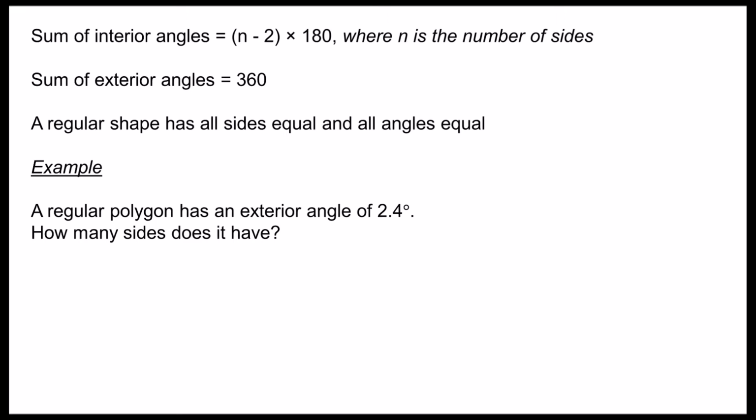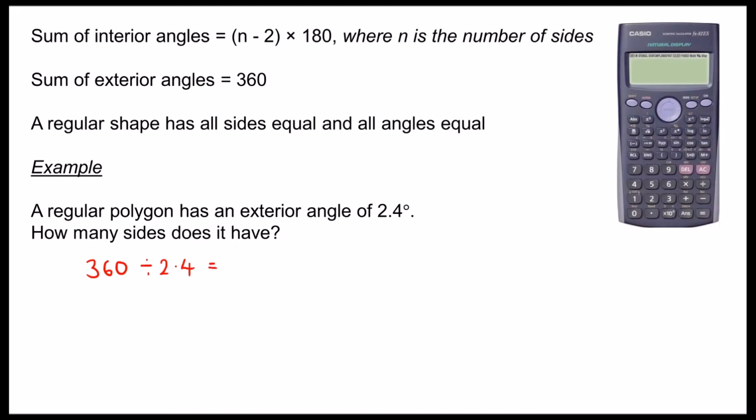Because my polygon is regular, I know that all the interior angles are going to be equal, which also means all of my exterior angles are going to be equal as well. Therefore, I can take 360 degrees, which is the total of all of my exterior angles, and divide it by 2.4, which is just one of them. The answer to this will give me the number of sides in my shape.